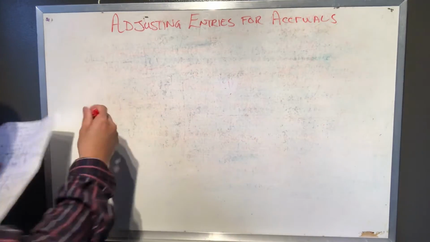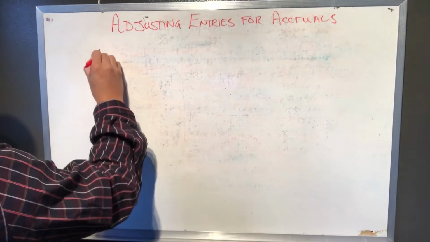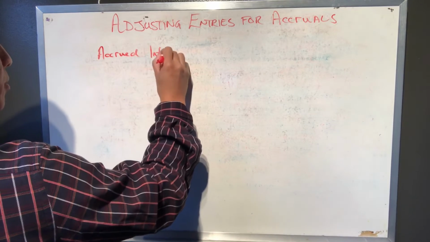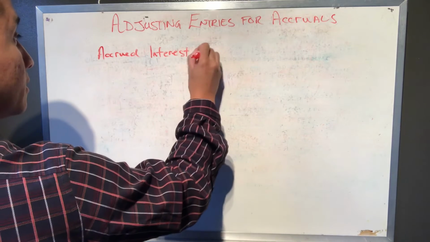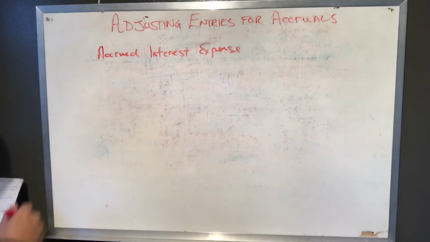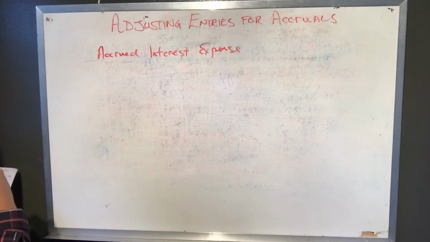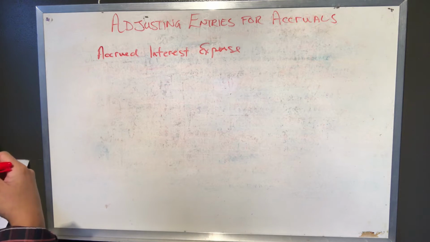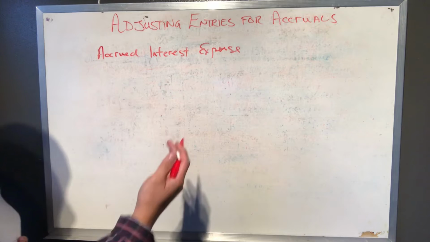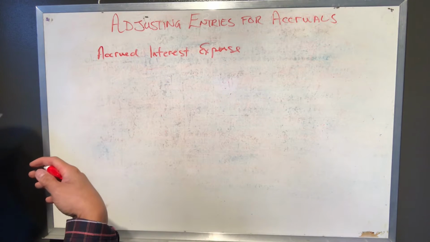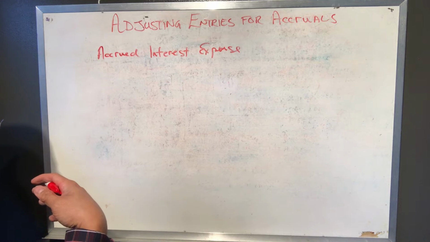So our last example will involve accrued interest expense. Okay, so in this case, it's common for notes payable or accounts payable to be charged interest. People don't allow you to just take your time to pay.